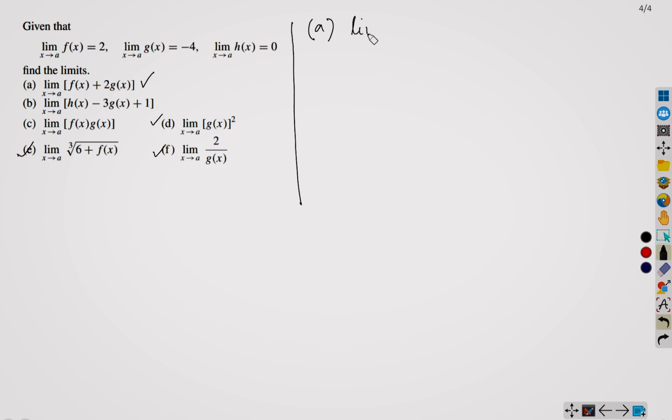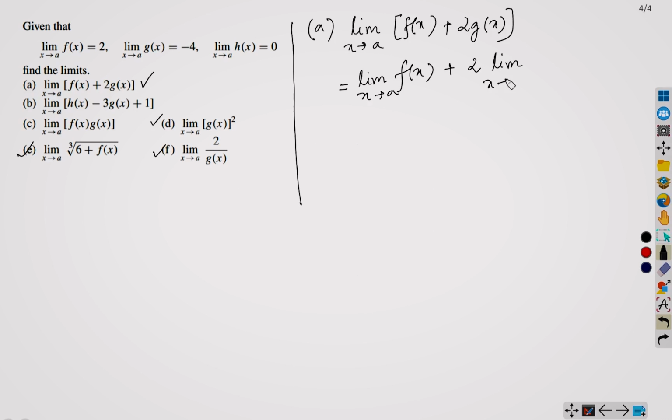We have to determine the limit as x tends to a of f(x) plus 2 g(x). Okay. Now we can use this property. We can write this in this way. Yes. We can insert the limit.